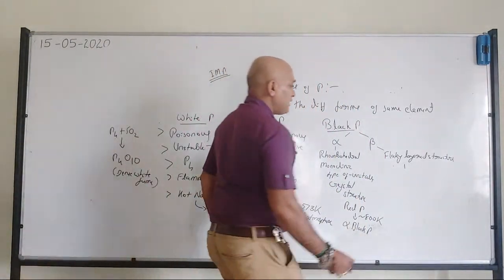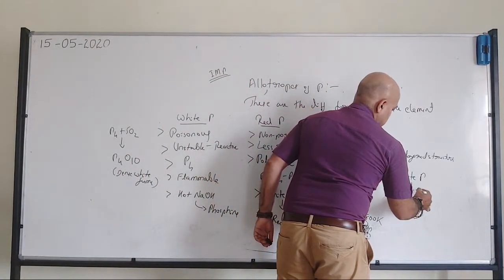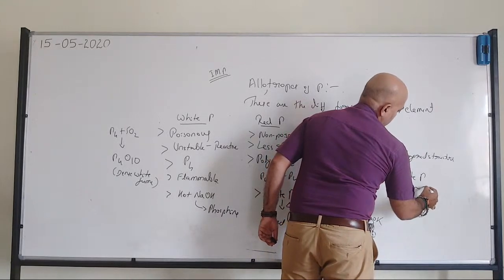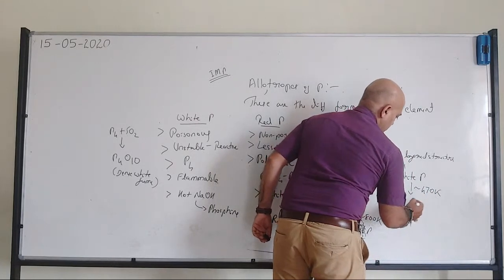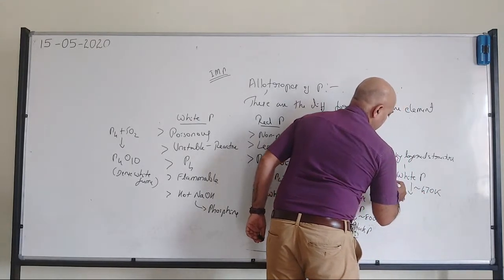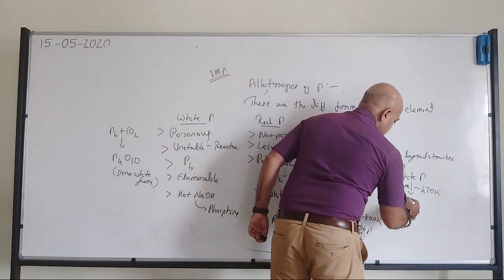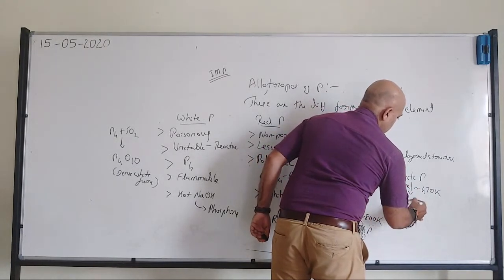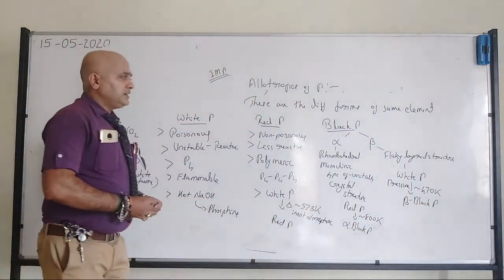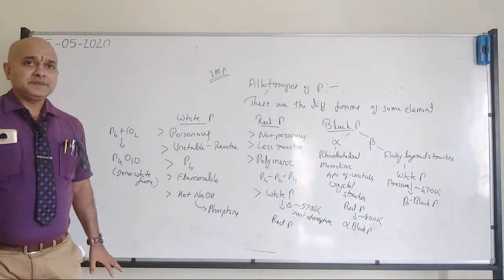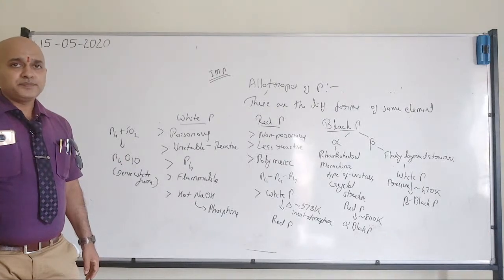Now beta black phosphorus will be formed when white phosphorus is heated to somewhere around 470 Kelvin under pressure. You should apply the pressure, then it will get converted into beta black phosphorus. Fine. Any question you can be expected in your exam.